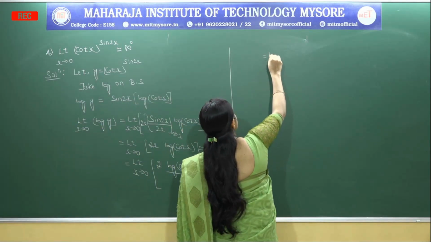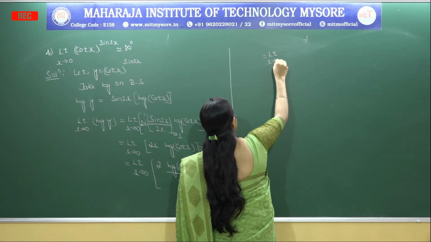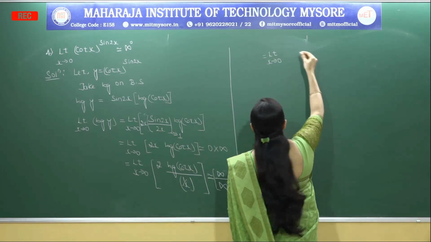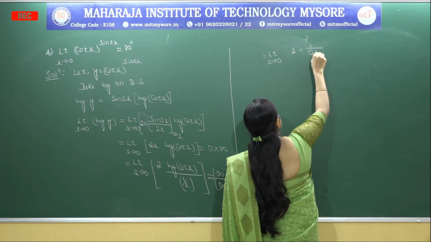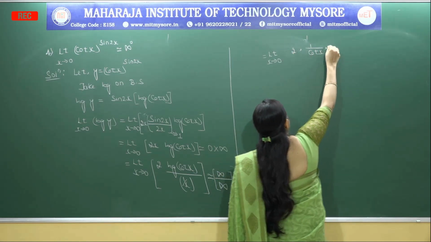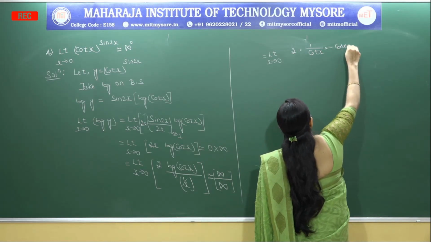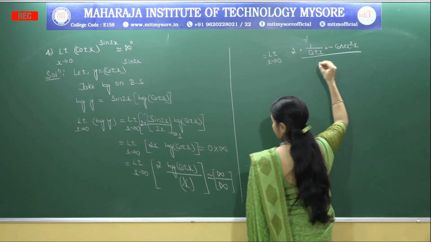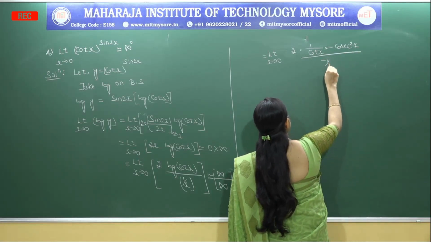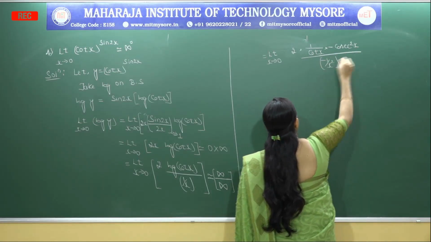So it is the limit of x tends to 0. First you keep this term as it is, log cot x differentiation is 1 by cot x, differentiate cot x, minus cosecant square x, denominator 1 by x differentiation is minus 1 by x square.